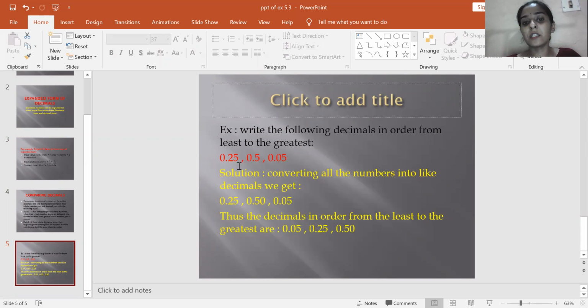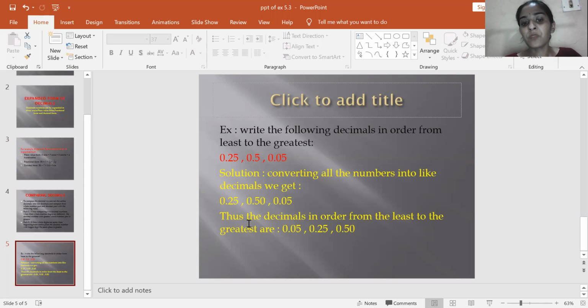As you can check, these are unlike decimals because the decimal places are not the same. So first of all, we will change them into like decimals by adding zeros. Here the highest number of decimal places is 2. So 0.25 as it is, 0.50, we add a zero here to make it like decimal, and 0.05 is as it is.